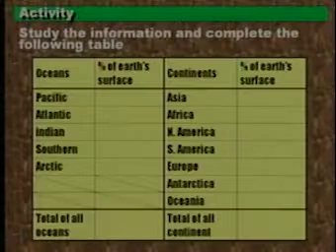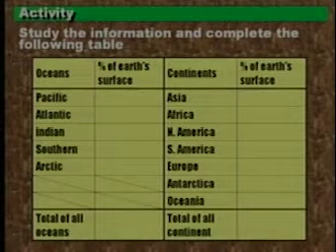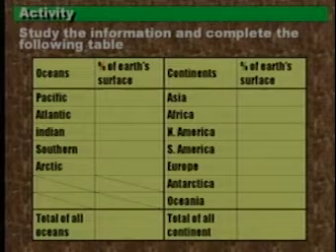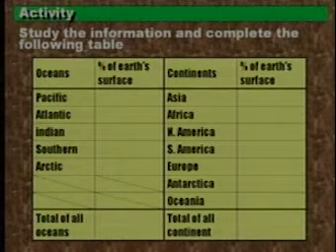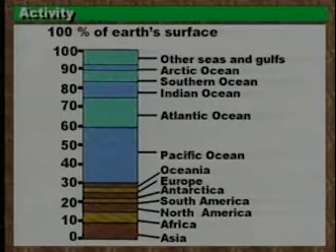Activity 3, you have a table which you are to complete by indicating the percentage of the Earth's surface for each of those oceans listed, as well as for each of the continents that are listed. You will need to use the information presented to help you identify and work out the percentage for oceans and the continents.